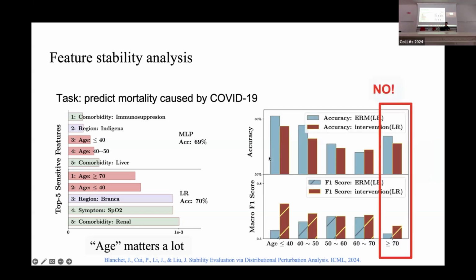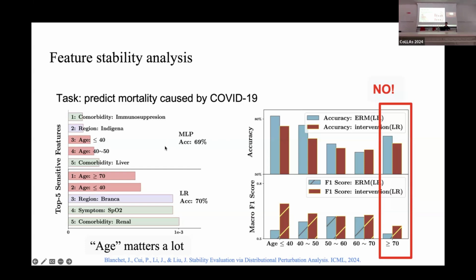And again, our answer is no, because on the first figure we draw the accuracy, and below we draw the macro F1 score. We find that even if the accuracy of the younger group and also the elder group is very high, if we look at the macro F1 score, they are around 0.5.